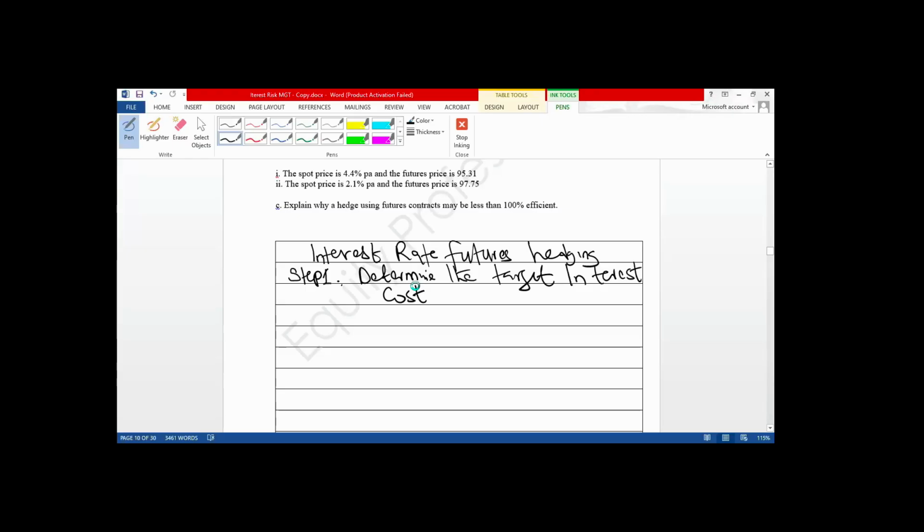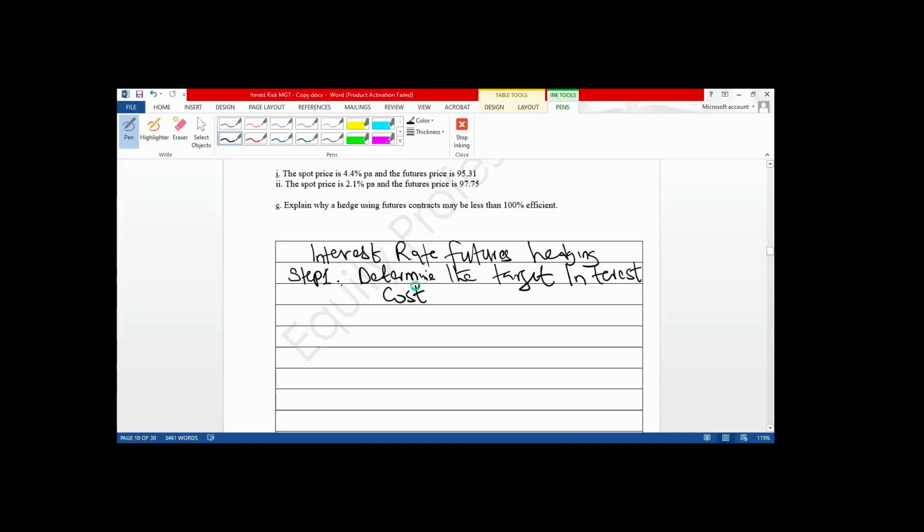Your target is to avoid fluctuation in your interest rates. If you borrow today, assuming we are borrowing on 1st December, you are going to pay 3% as your interest. Assuming you borrow the money on 1st December, you will have paid 3% on your borrowing.